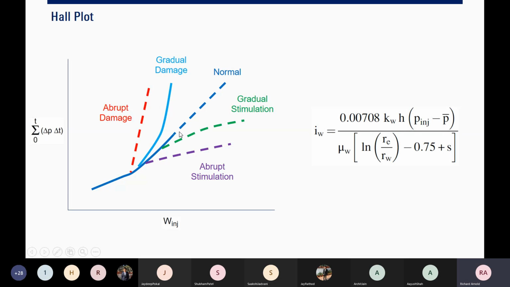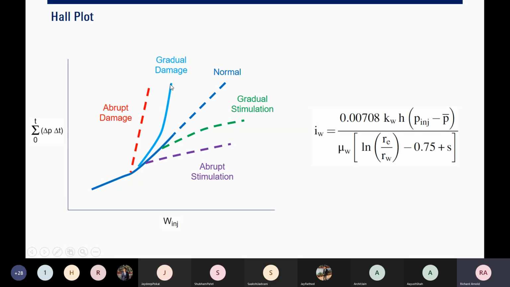If you follow this trend, the plot giving you this trend, it means that there is an abrupt stimulation. Maybe there is a fracturing, or maybe you do acidizing, and of course the slope will decrease. And if you have this trend, it means that you experience gradual stimulation, but most of the time your Hall plot will give this trend, either abrupt damage or gradual damage.